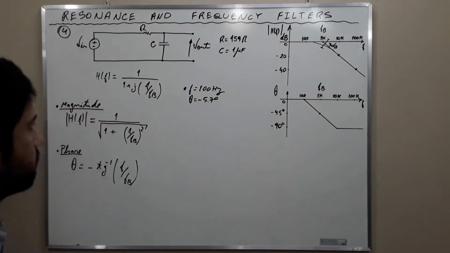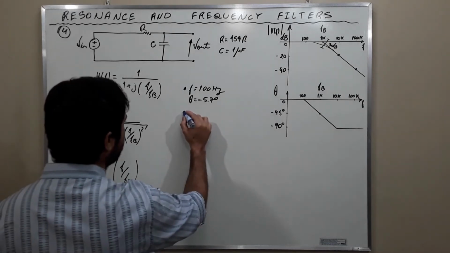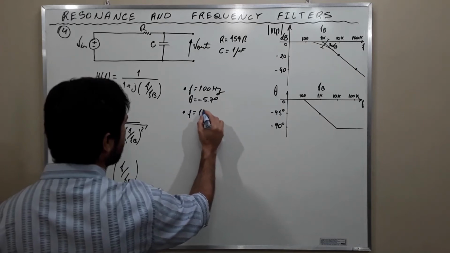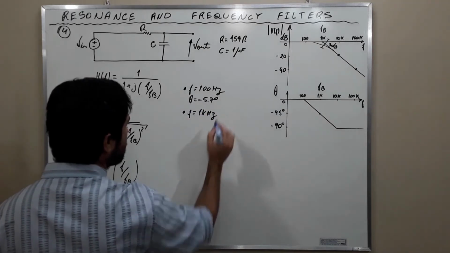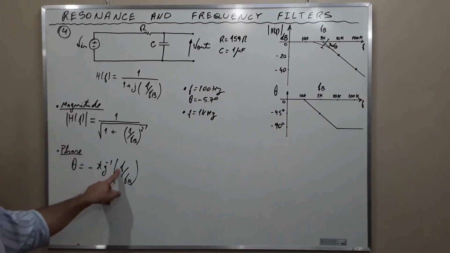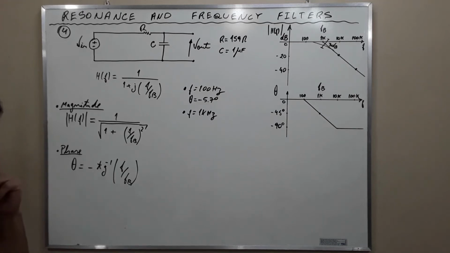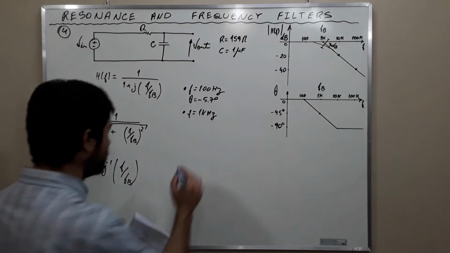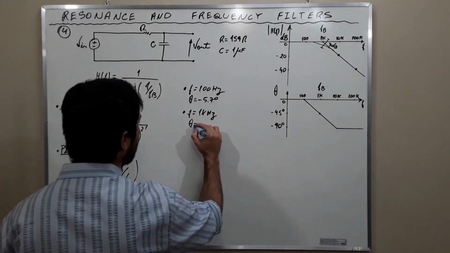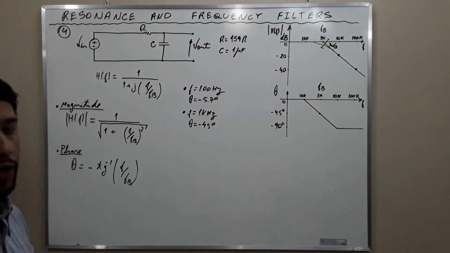Okay? For the frequency of 1 kilohertz, using 1 kilohertz here and 1 kilohertz here and taking the inverse tangent, we find that the angle is negative 45 degrees.